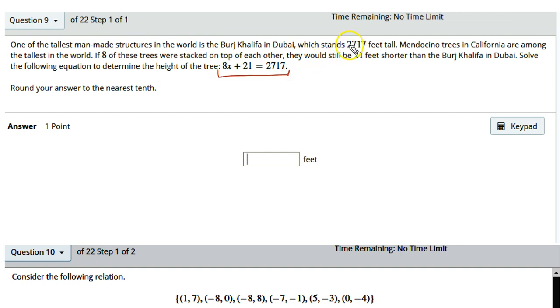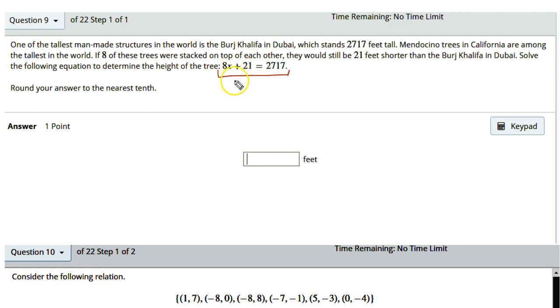So they're saying this tallest building is this high, and then they're saying these trees in California, which are very tall, if you took 8 of them, you can put them on top of each other, you would still have to add 21 to have the height of that tall building in Dubai. So there's the formula. They want you to find the height of one of the trees here.